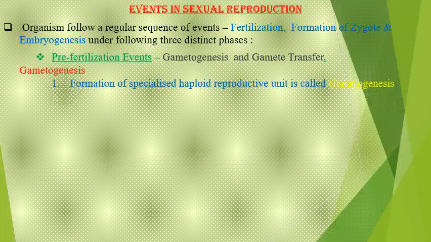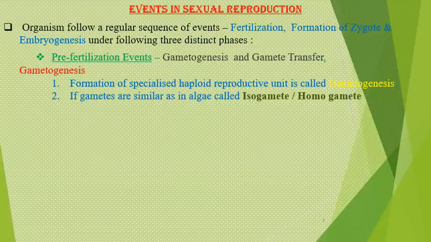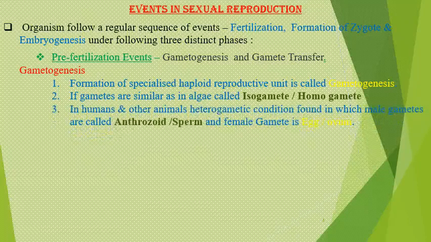If gametes are similar, as in algae, they are called isogametes or homogametes, while there are conditions in which the gametes are not identical or similar to each other, as in humans and other animals, and they are called heterogametes.